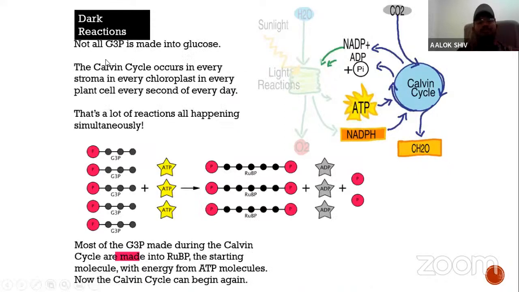Not all the G3P we have seen makes glucose. Most of the G3P made during the Calvin cycle is made into RuBP, the starting molecule, with energy from ATP, so that the Calvin cycle can start again.